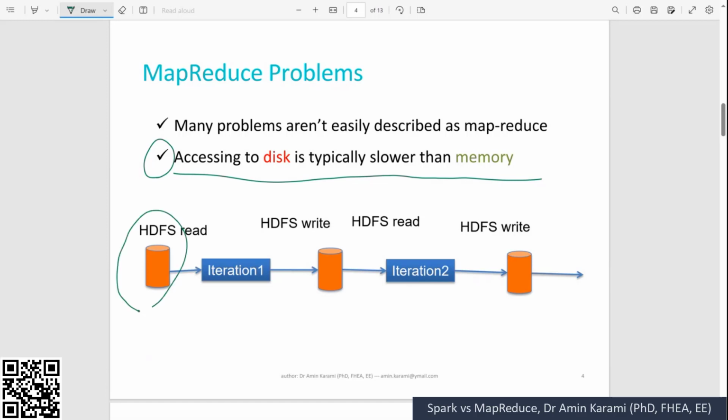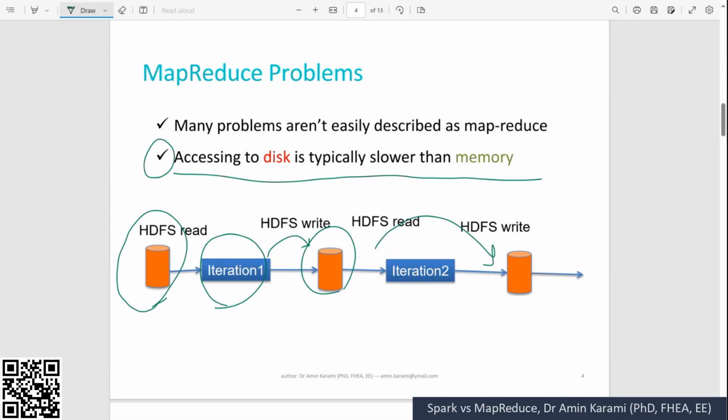At each iteration that you want to read your data and then process it, you need to read data from HDFS the first iteration, process, then write into the hard disk, and then maybe you want to read again, you need to go over the hard disk and then read data, process data, and then you might need to write it down into the hard disk, or maybe you want to read it again. So guys, it's very slow, and it's going to kill the performance of your application.